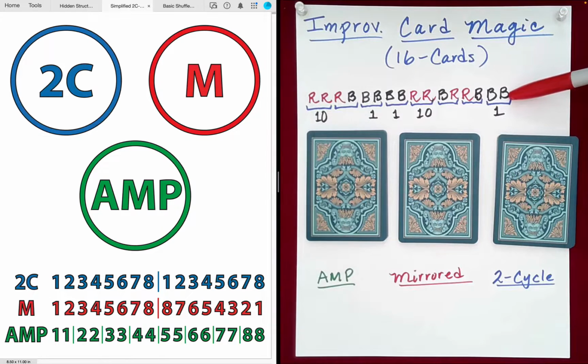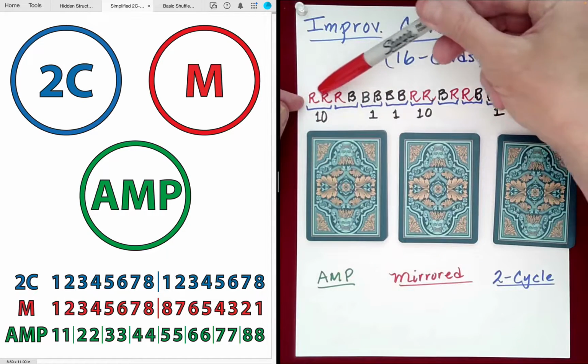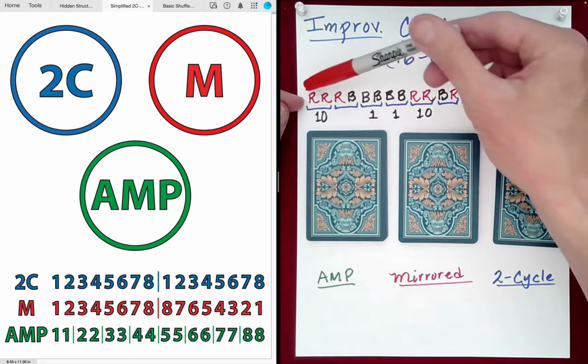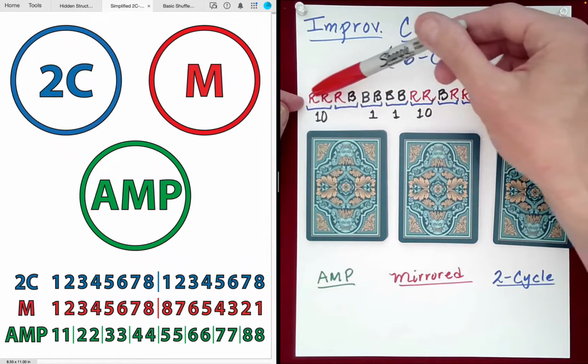Now if you remember my system, what you can do to quickly remember how many red pairs you have and how many black pairs you have, and we're going to ignore the color pairs that don't match. For example, right here we see 2 red cards together. If we view this as an AMP, these 2 cards would be, quote, related.